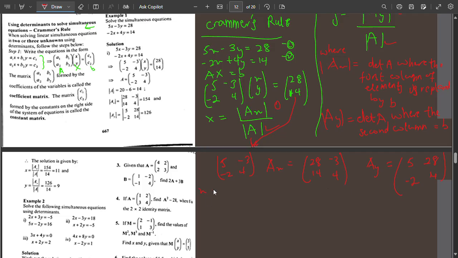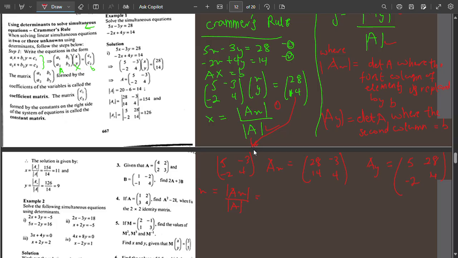So x is given by Ax over A, the determinants of both. Let's calculate them. The determinant of this will be 28 times 4, minus negative 3 times 14.